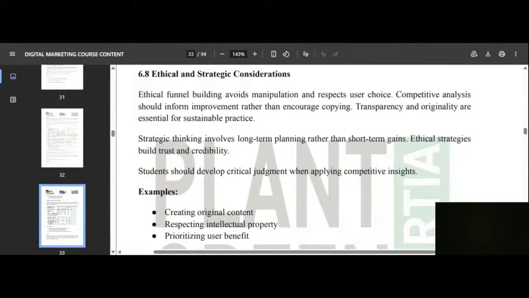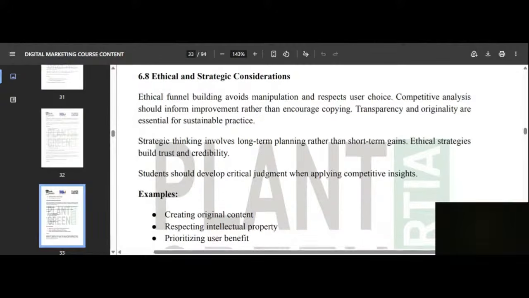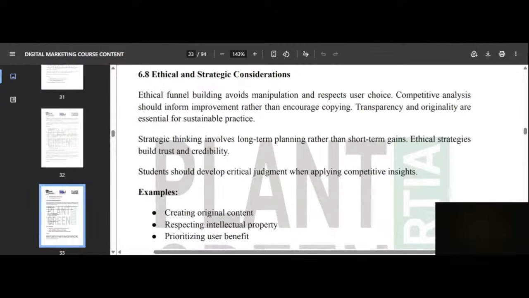Okay, students, now let us get to the next topic: ethical and strategic considerations. Ethical funnel building avoids manipulation and respects the user's choice.